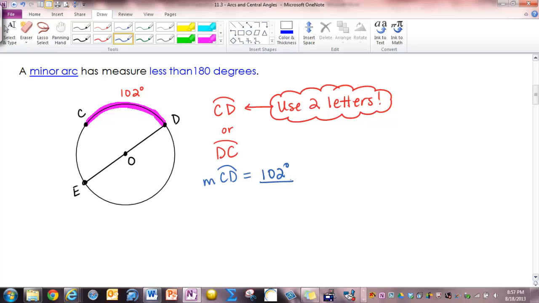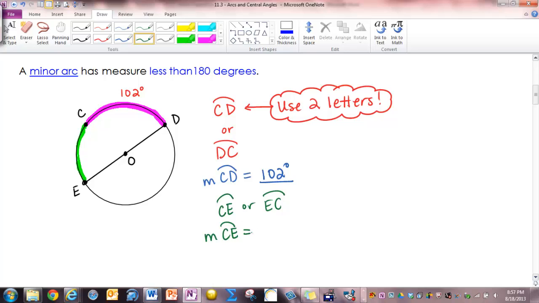Now there is another minor arc in this diagram. It is being shown to you in green now, and that minor arc is called arc CE, or arc EC if I switch around the letters. Okay, now this one has measure also less than 180 degrees.